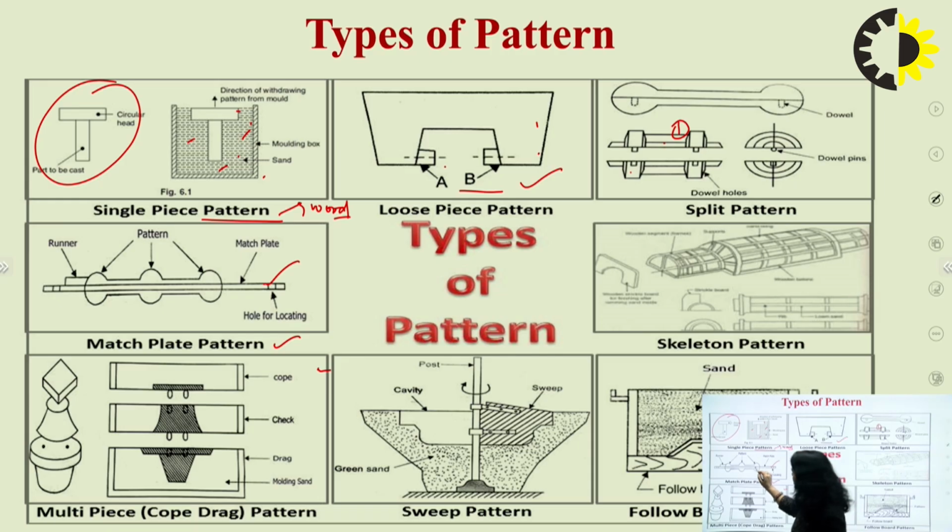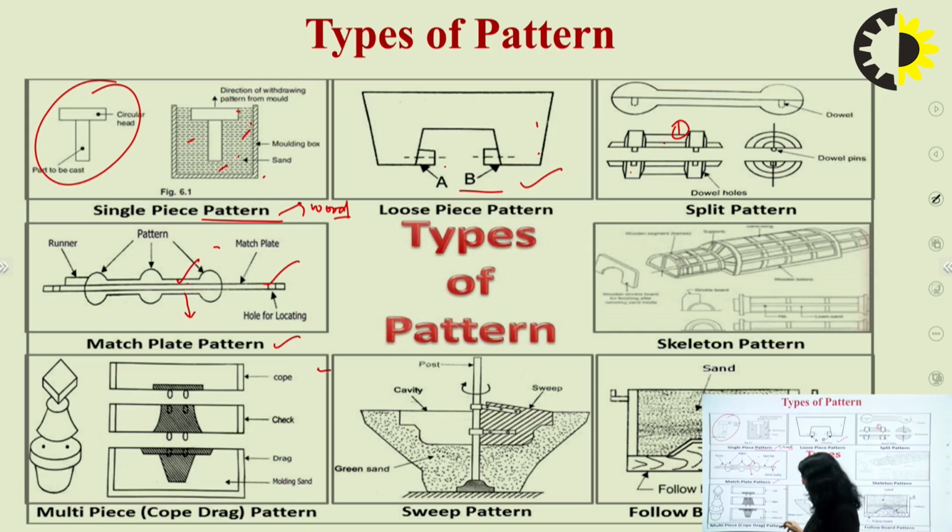You can see these patterns are on one half of the match plate, and these are on the upper half of the match plate. So it will be easy to remove it from the sand if we are using the match plate. It is used for mass production where a large number of castings are needed, but the size of these castings will be small.